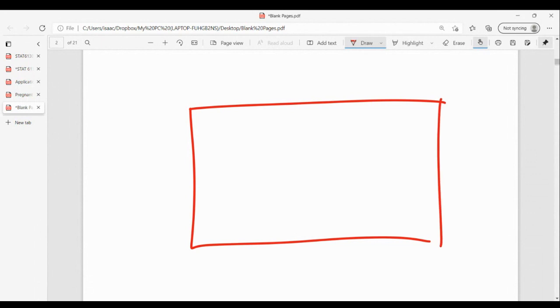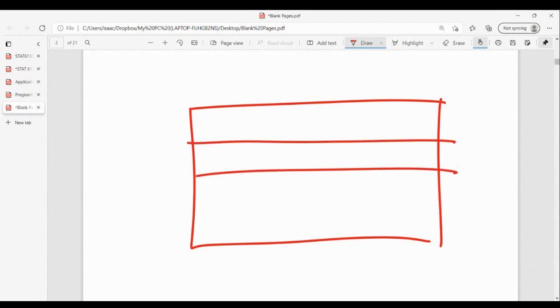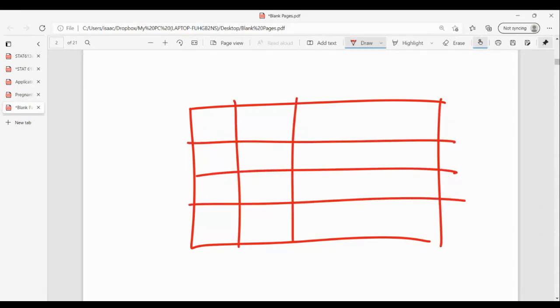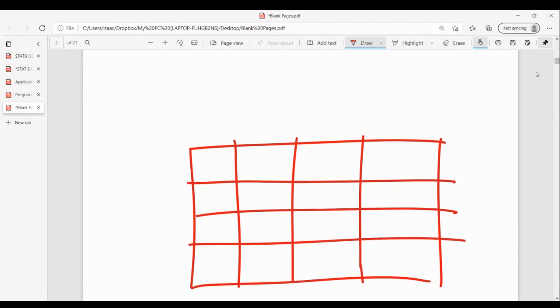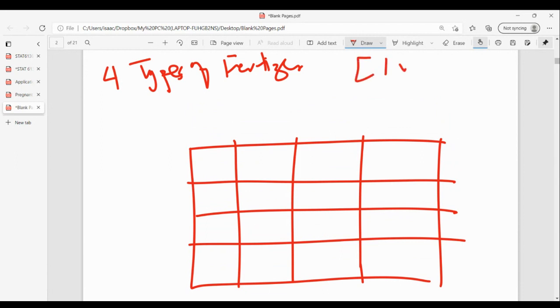So let's take an example here. Suppose we have four types of fertilizer, right? And you want to determine which one is the best fertilizer. And you have one variety of rice.